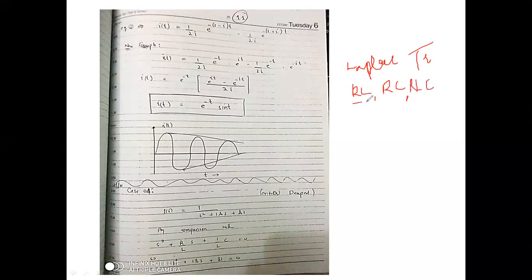Series RL, series RC, and series RLC circuit, followed by the two cases. Case 1, that is the undamped case or loss free circuit, and case 2, the underdamped case.